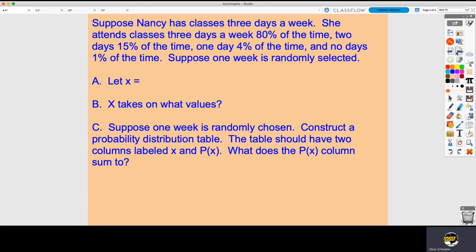Suppose 1 week is randomly selected. First thing we've got to figure out, what does X stand for? What is the thing that is changing here? How many classes she attends, right?